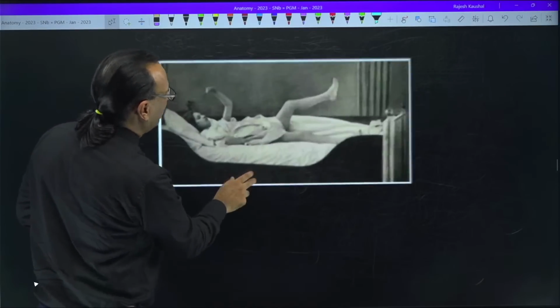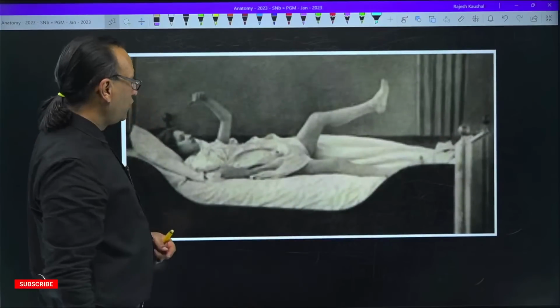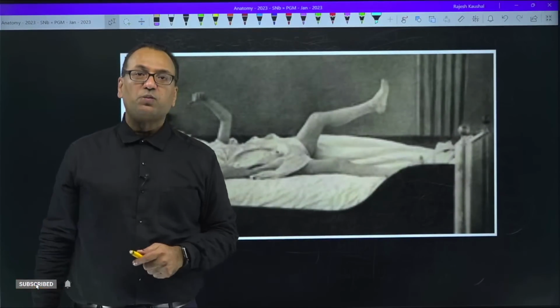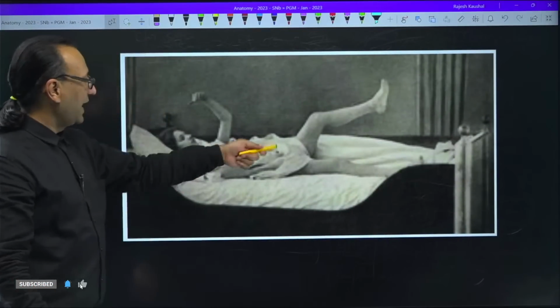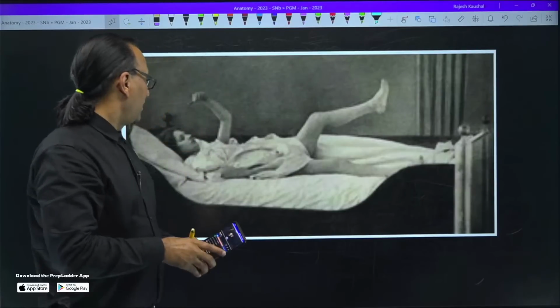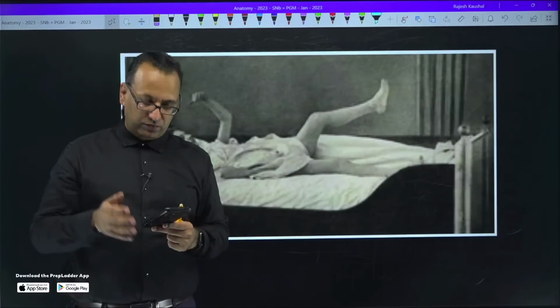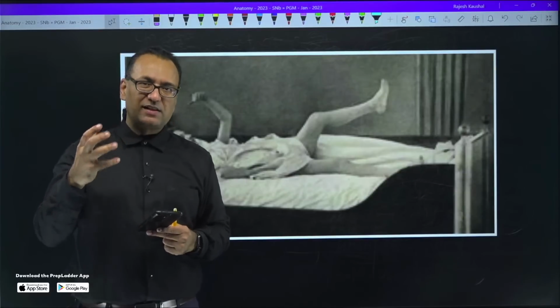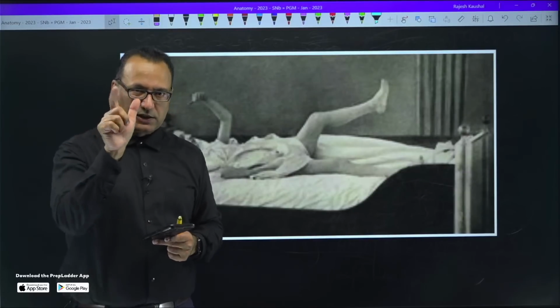Now, a question keeps coming all the time. Do you really know what this girl is having? It is a basal ganglia disorder. Tell me, identify which disorder, which clinical, what is the technical term used here?